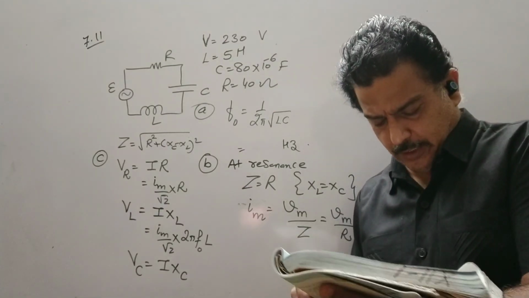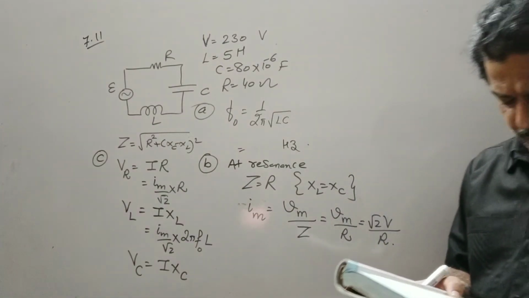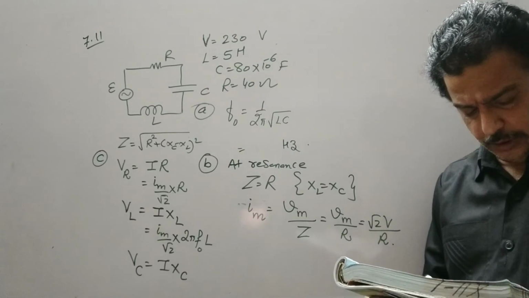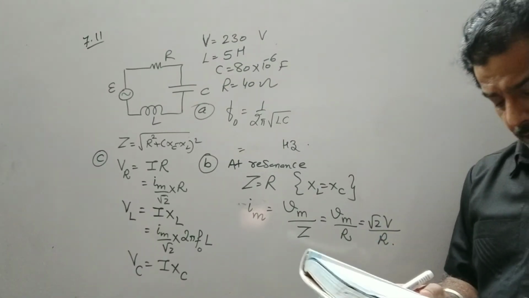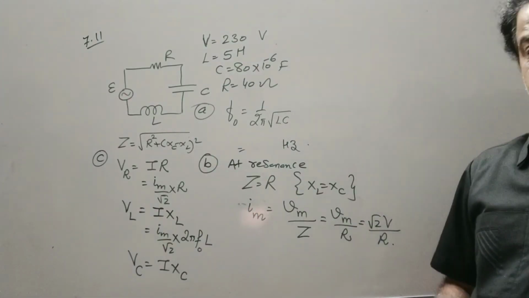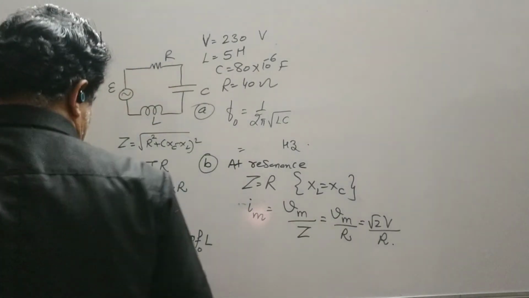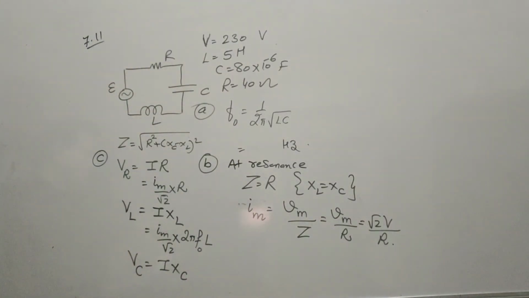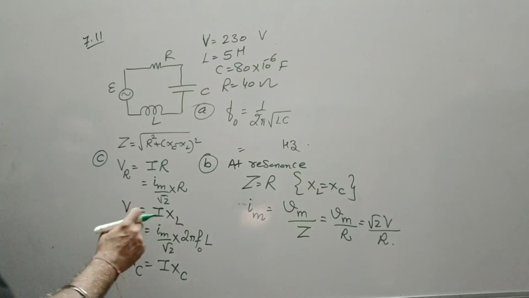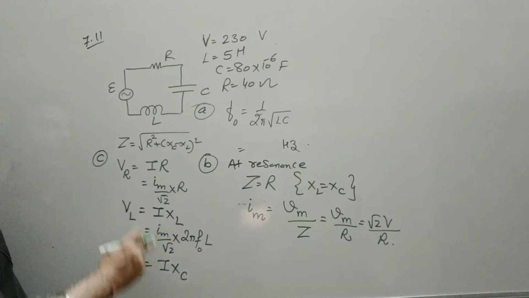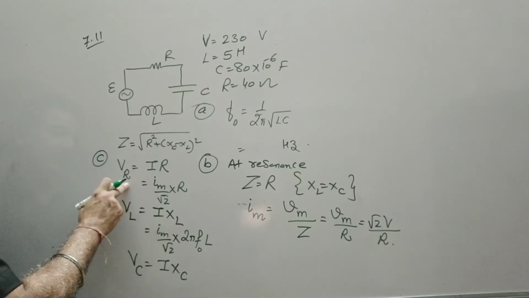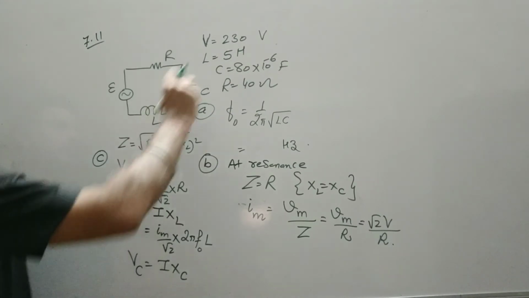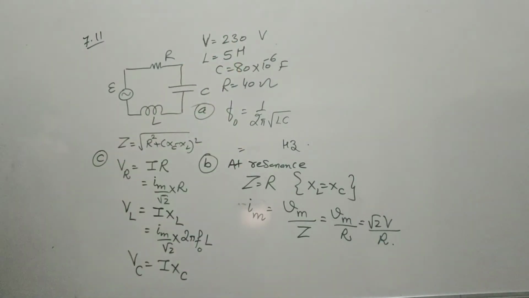So here they have asked, determine the RMS potential drop across the three elements of the circuit. We find out these individual values, but it will be clear that VL and VC will be equal, and this VR should come out to be 230 volt.